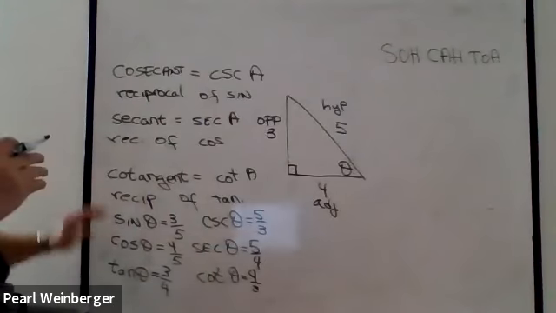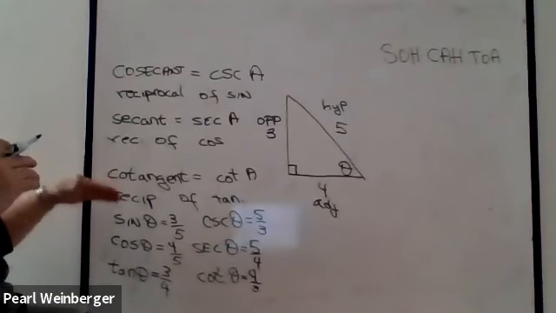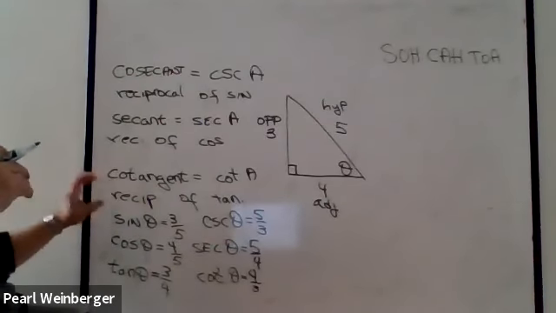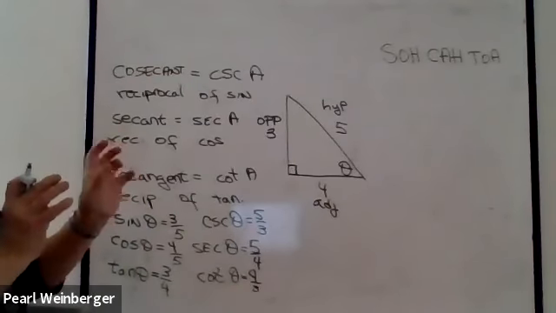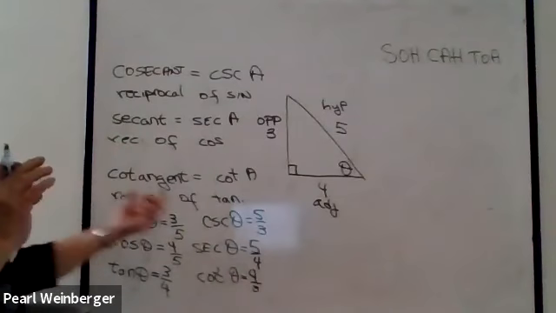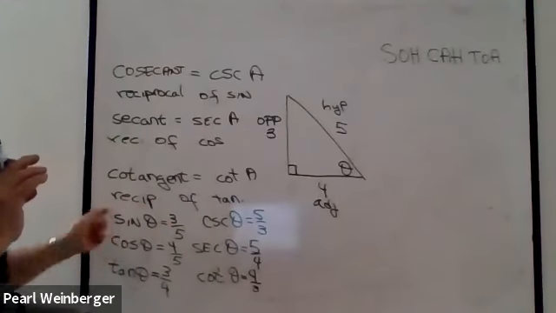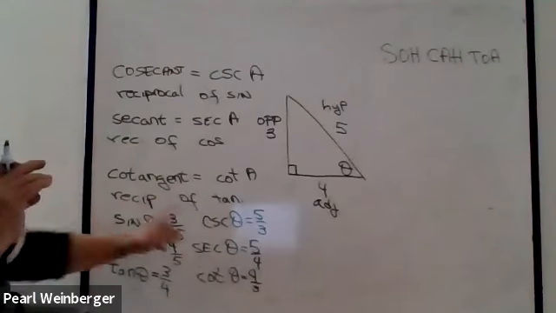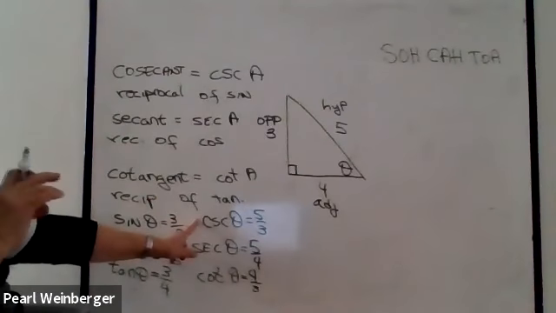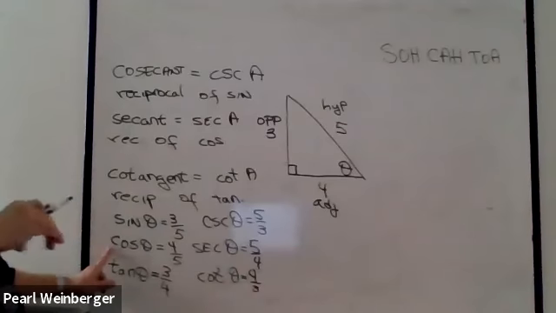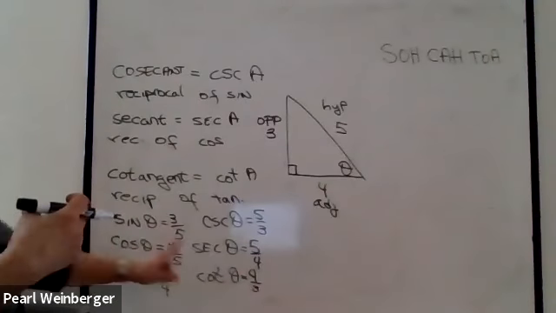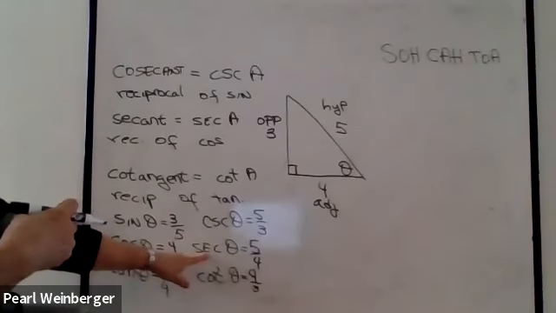Or you could always see that in each pair, there's this co prefix. In each pair, one starts with co and one doesn't. Sine doesn't start with co, so its pair cosecant starts with co. Cosine starts with co, so its pair doesn't start with co, it's only plain secant.